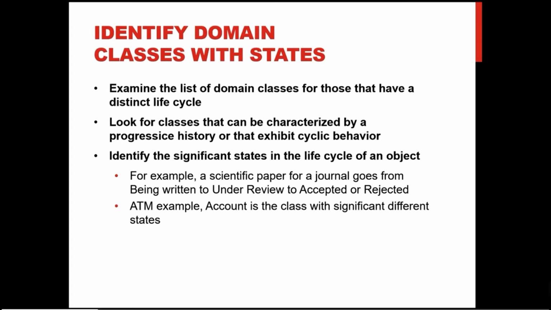This is a kind of cyclic behavior. And in the ATM example, the account is a class with significant different states. For the account, maybe normal, suspended, and so on.